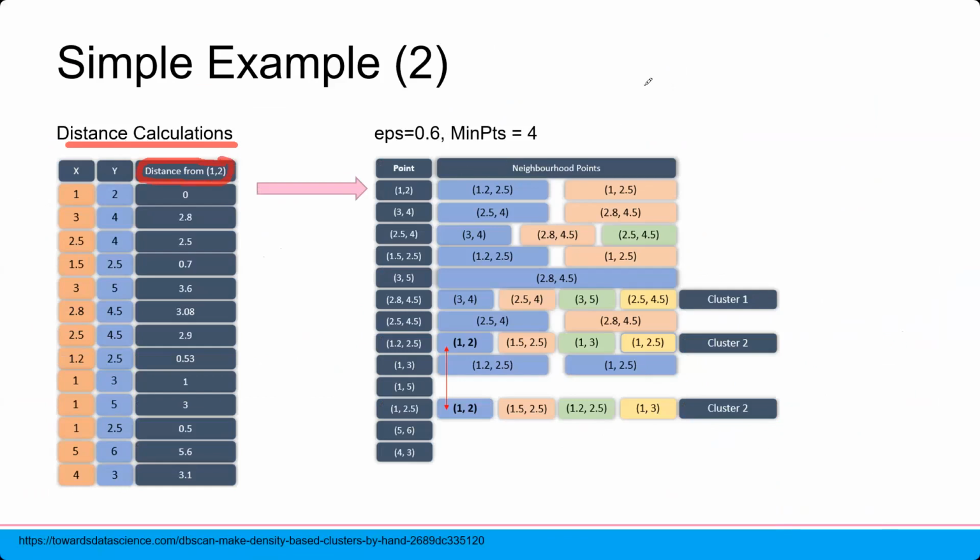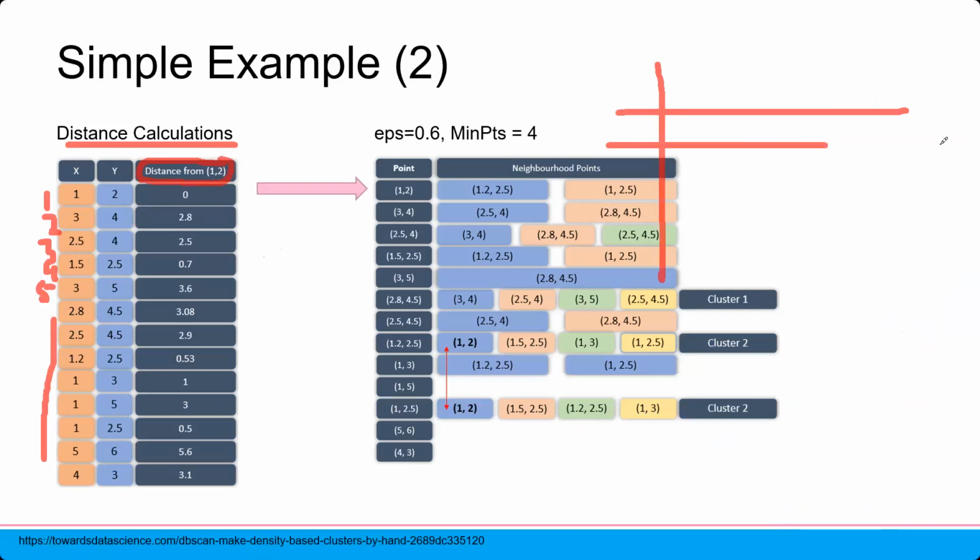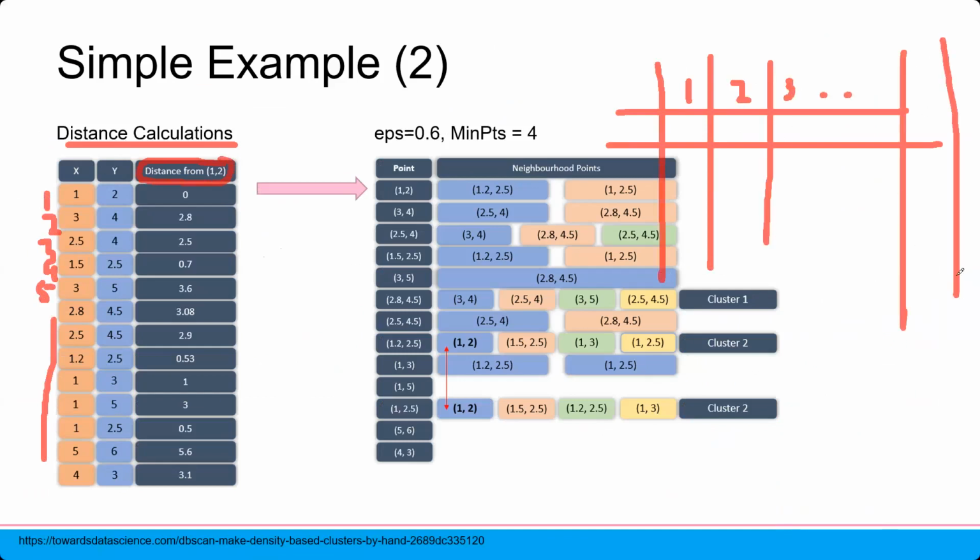In the distance matrix, we have 1, 2, 3, 4, 5, and so on until 13, and also the same on the other axis.